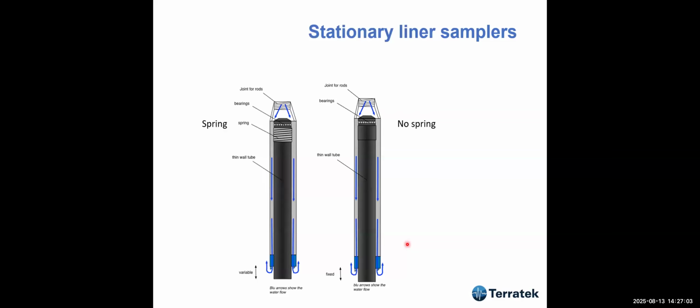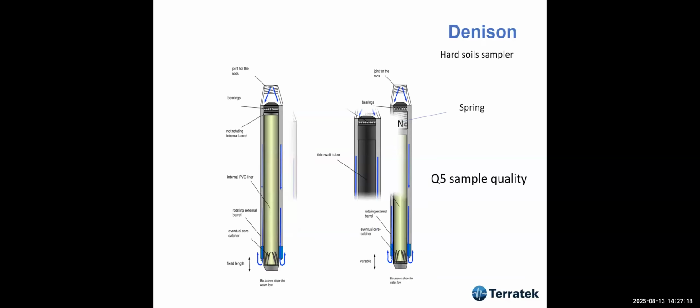And these should be the best one, stationary liner samplers, in which you have a liner inside to make sure that you have a very good rock sample. So you may have springs or no springs, it varies, okay?